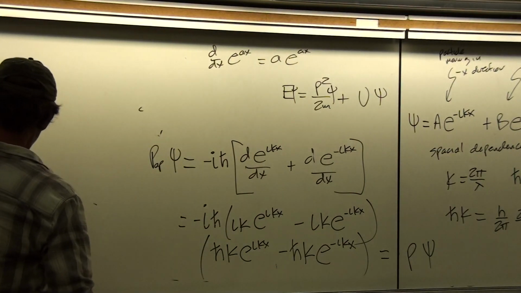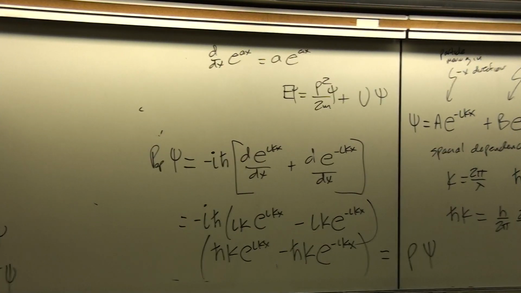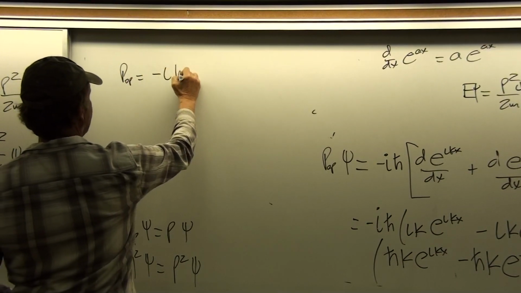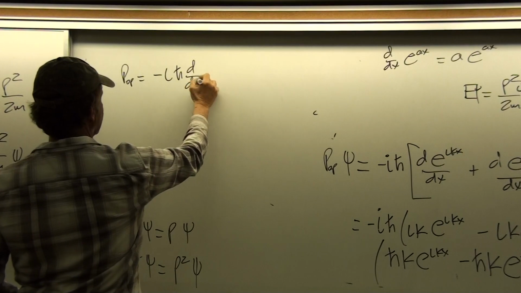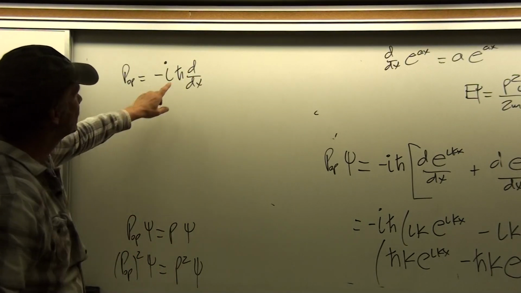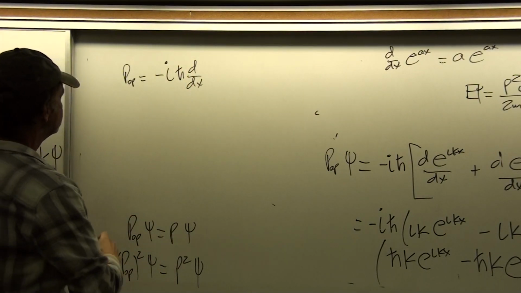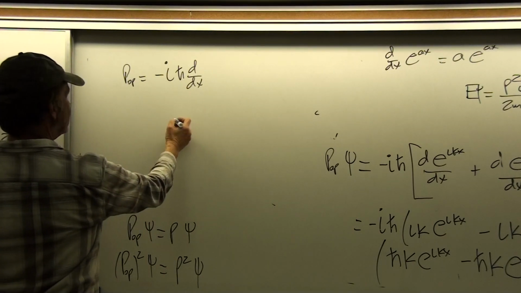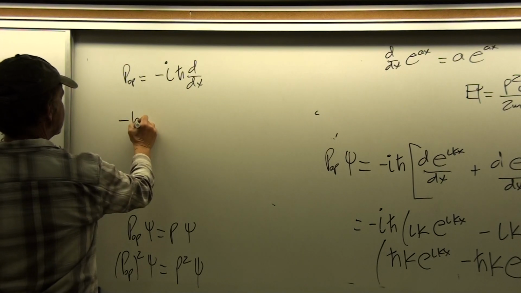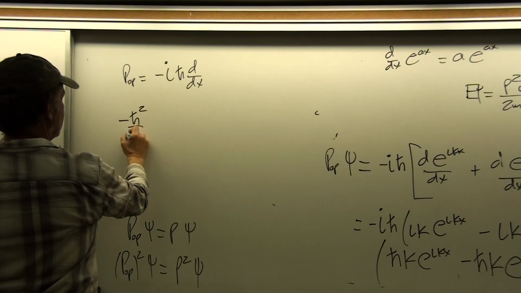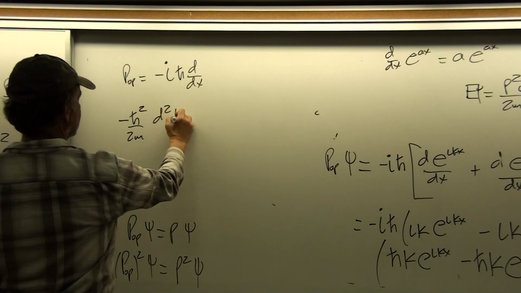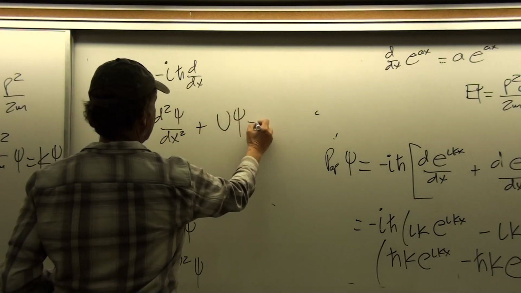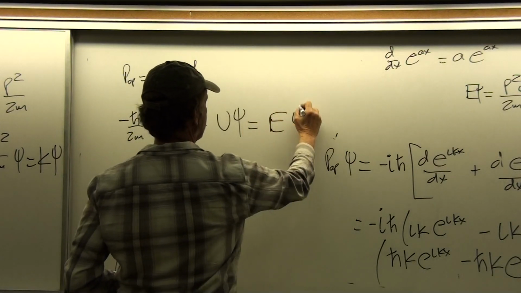So by making this assumption that p op might equal minus i h bar d by dx, or in the case of a three-dimensional problem, these would be partial derivatives, we could then make this consistent with the energy equation by writing this as minus h bar squared over 2m d squared psi dx squared plus u psi is equal to E psi.